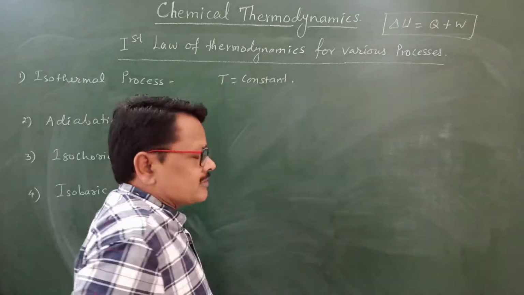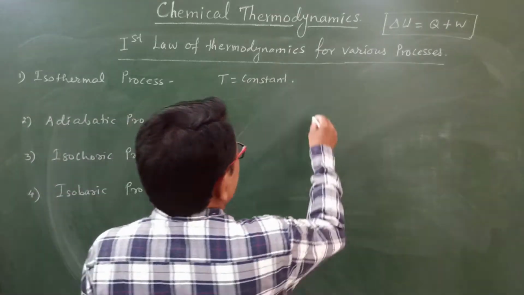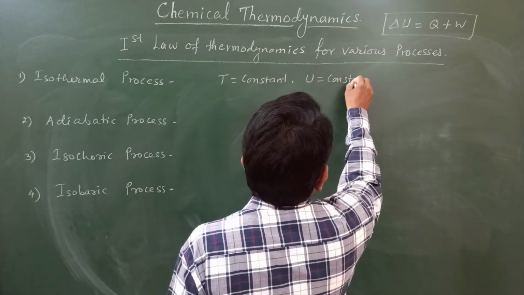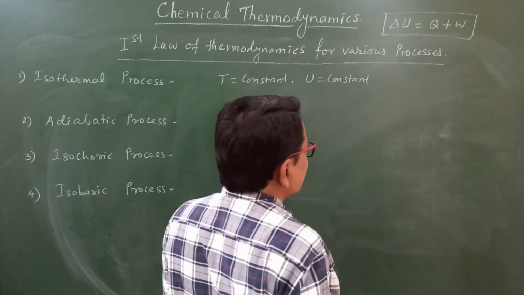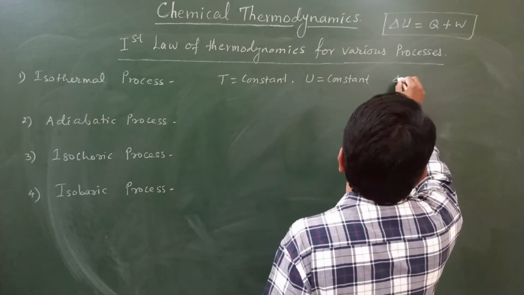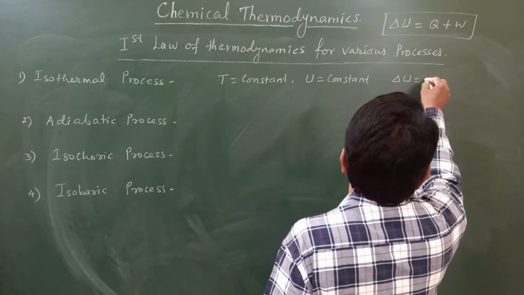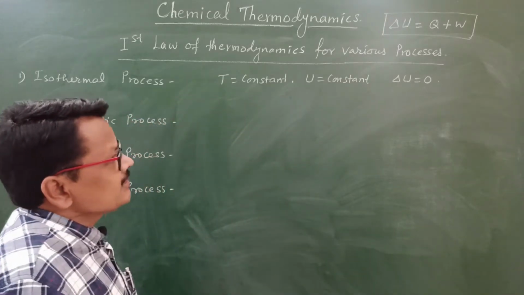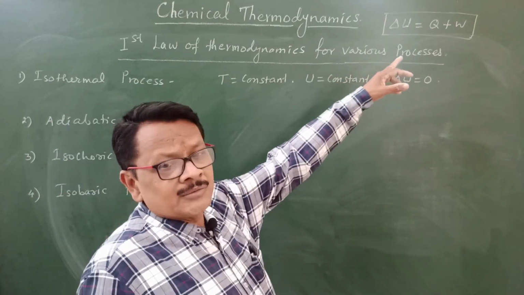As temperature is constant, its internal energy U also remains constant. And since internal energy is constant, the change in internal energy, delta U, is equal to 0. In isothermal process, delta U is equal to 0.